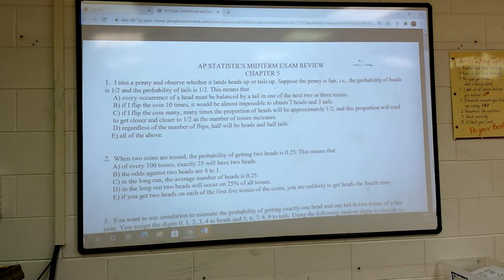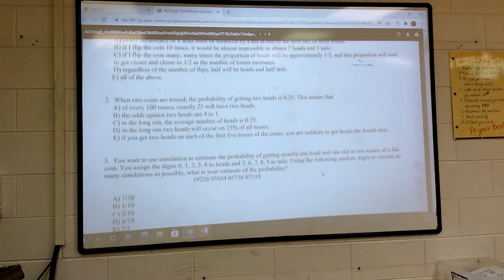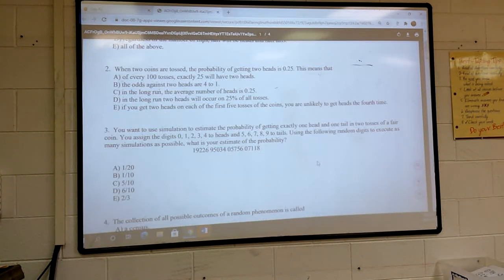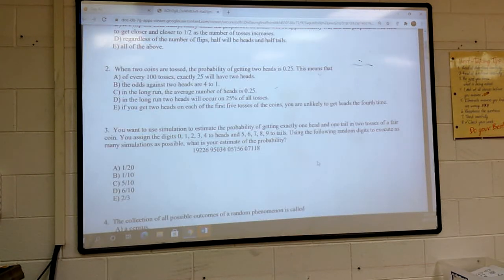Okay? So number 2, when 2 coins are tossed, the probability of getting 2 heads is 0.25. This means that what? In the long run, 2 heads will occur on 25% of all tosses.